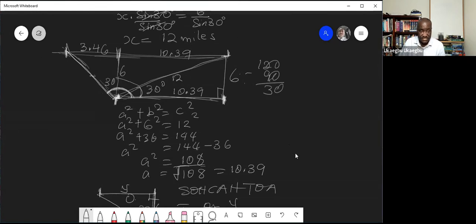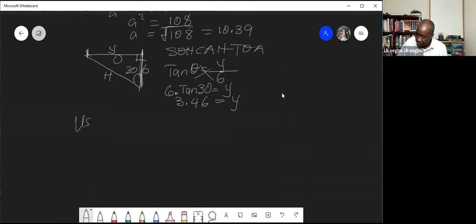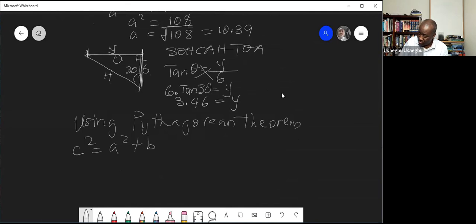And that's your C. C squared is equal to A squared plus B squared. Using Pythagorean theorem, c squared is what they are looking for, and that is going to give us 3.5 squared plus 6 squared.